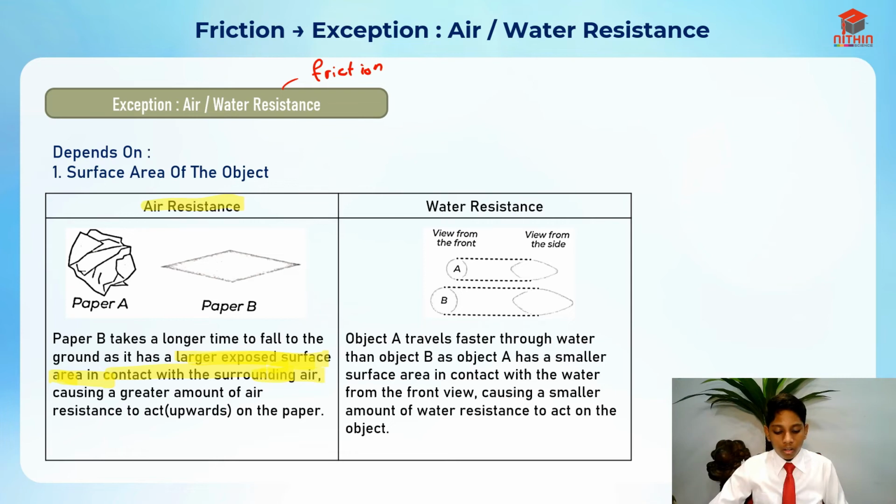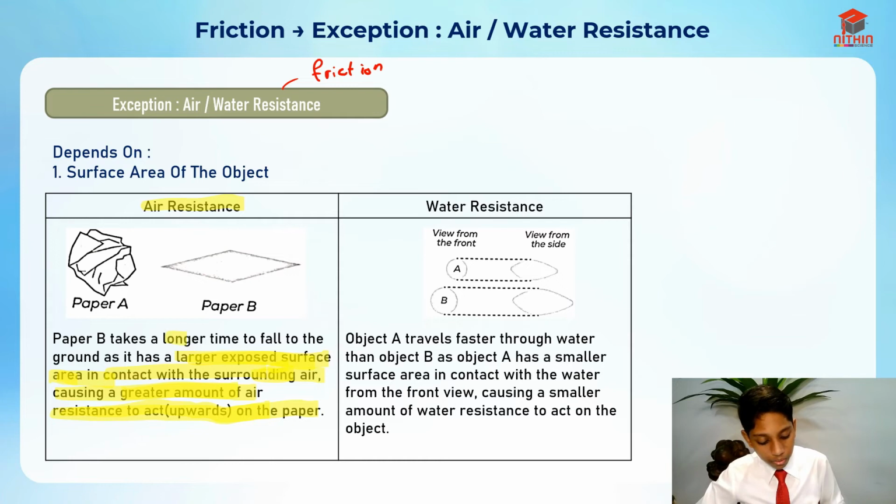Okay, causing a greater amount of air resistance to act upwards on the paper. So you see this whole highlighted part, this is a very good part, and also a longer time. All of the highlighted parts are very important when you're explaining with air resistance, okay? So I hope you understood that.